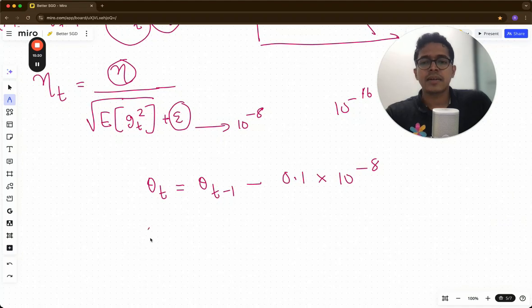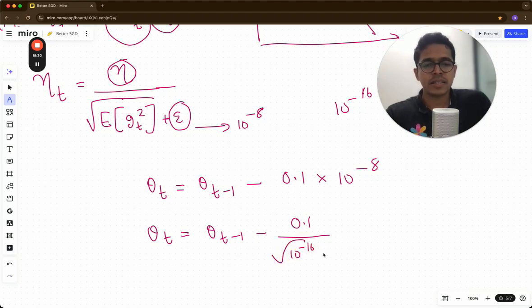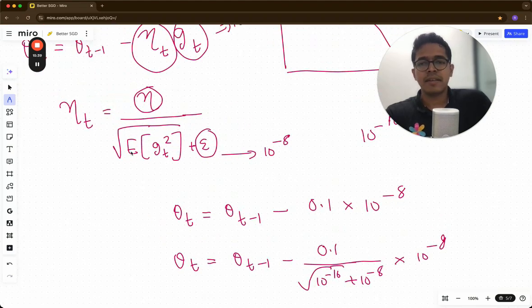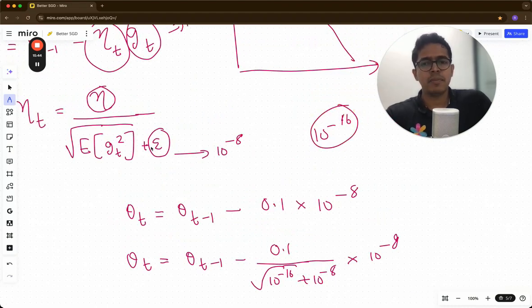But in RMSprop, you are doing theta t equals theta t minus 1 minus 0.1 divided by the square root of, let's say, 10 to the minus 16 plus epsilon, times the gradient 10 to the power of minus 8. Because eta is divided by the square root of the effective gradient, which we assume to be close to 10 to the minus 16, plus epsilon.